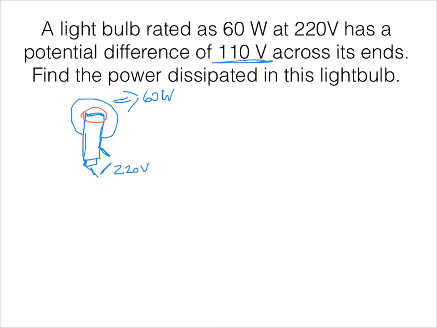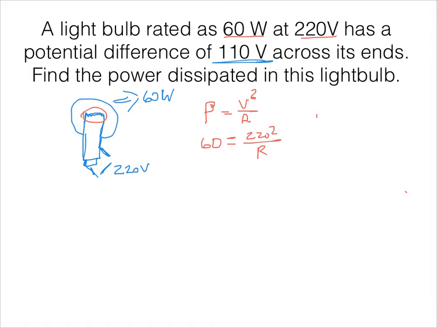So what we're going to do is use the power and potential that have been given to us to find a resistance. Now, that would be power. Sorry, my pen isn't working. Power equals voltage squared over R. And so I'm going to put in the power that was given to me, the 60, equals the voltage squared, which is 220 squared over R, and I'll calculate the resistance.